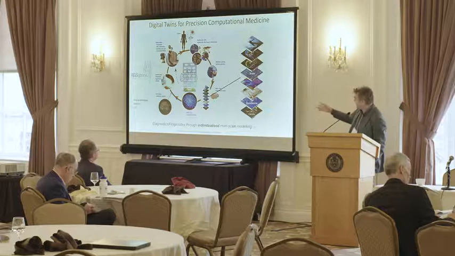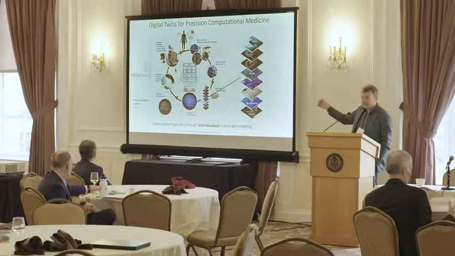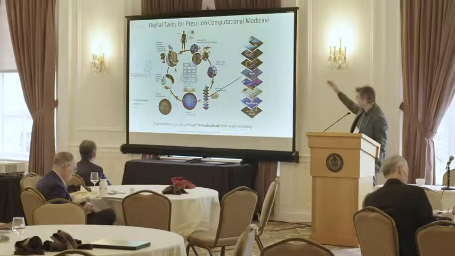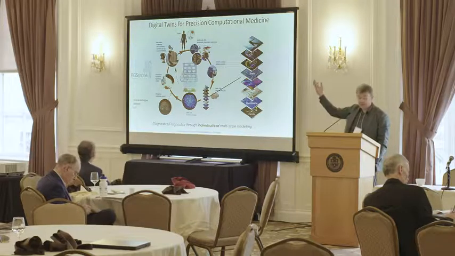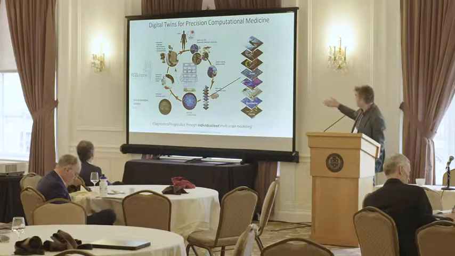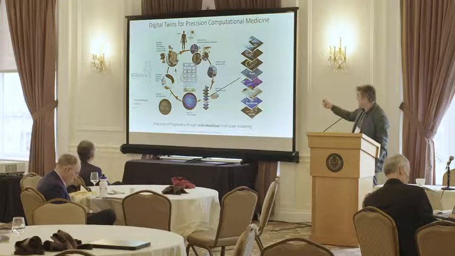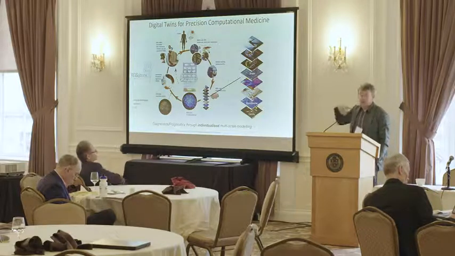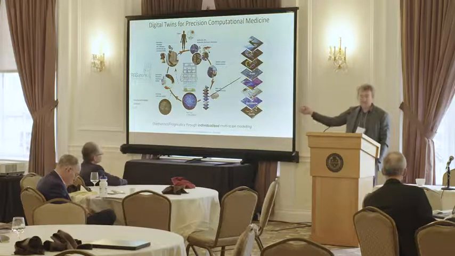What we see on the horizon, and we're building this pipeline as we speak, is that at the individual patient level, we have to integrate multi-scale data, going from their genome to their behavioral and environmental conditions. With that, we can start to build patient-specific models, like the earlier example you saw, on which I can test my interventions.